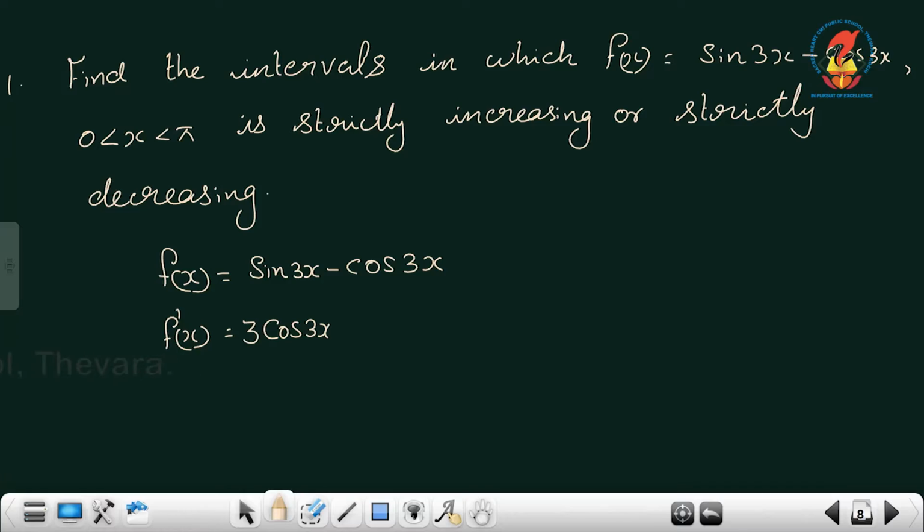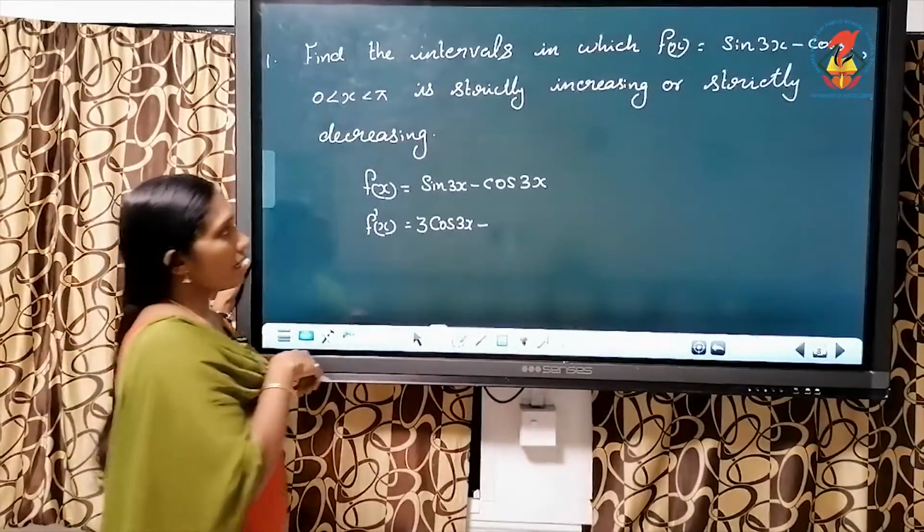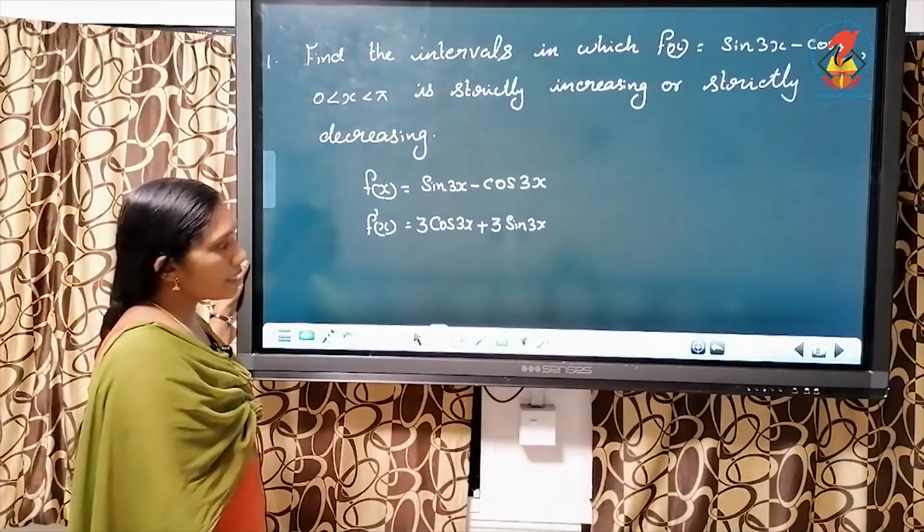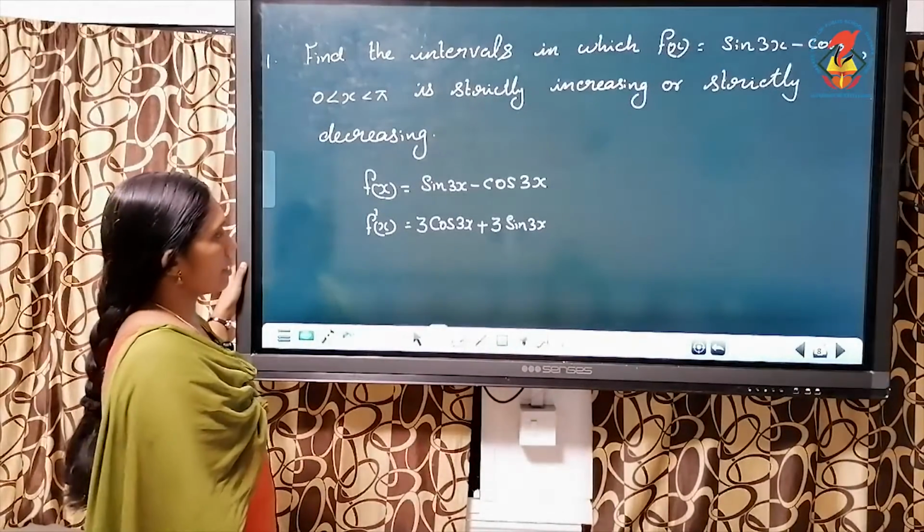So 3 cos 3x minus cos 3x derivative. Cos derivative is minus sin. So minus of minus is plus sin 3x. Then again 3x derivative, that is 3. So 3 cos 3x plus 3 sin 3x.